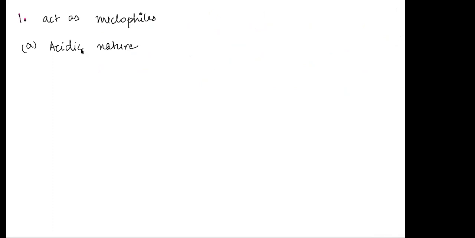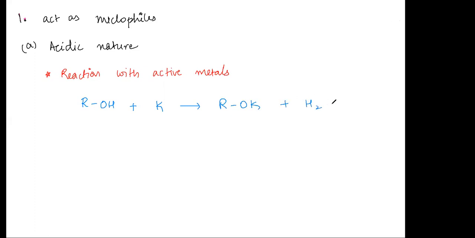All right. So the first instance of their acidic nature can be found in their reaction with metals. And not any metals, specifically reaction with active metals. So if you take an alcohol, ROH, with an active metal like say potassium, you will get ROK plus H2.